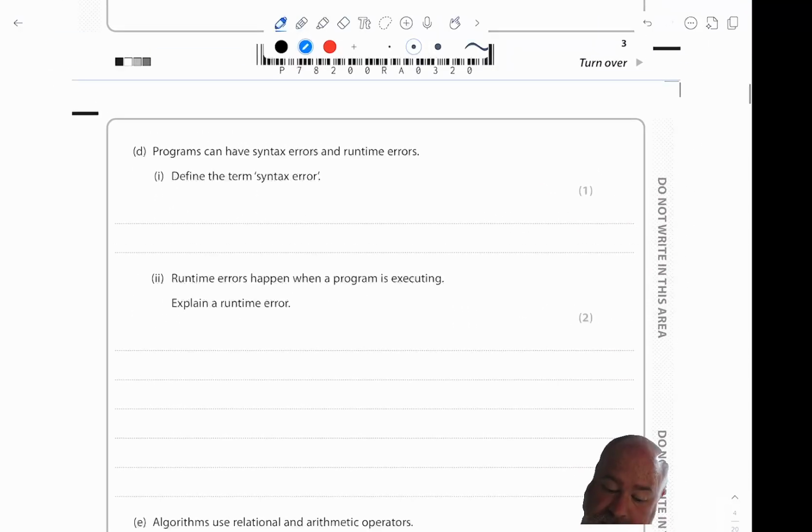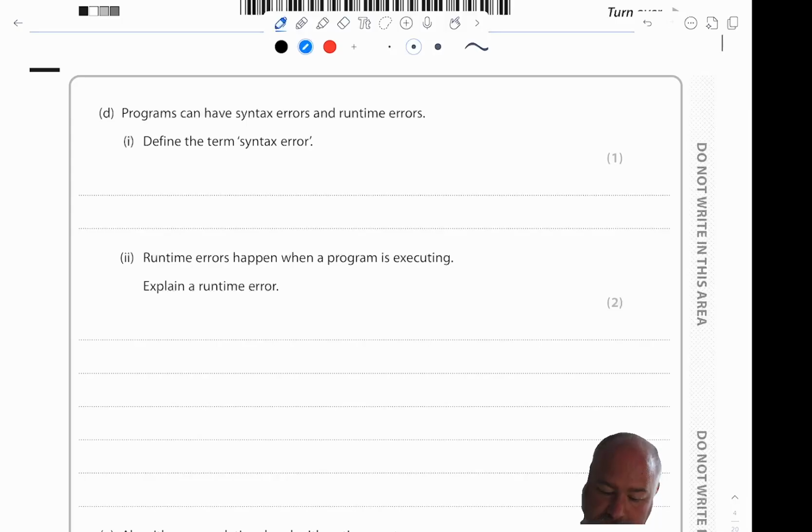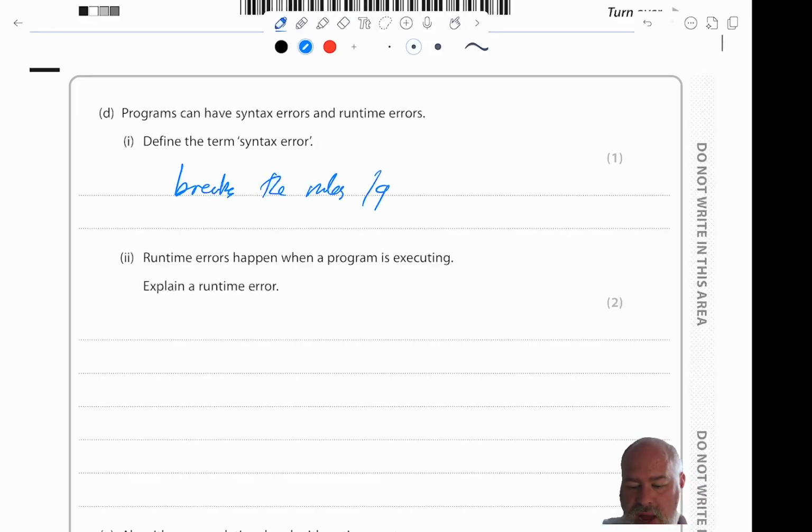Programs can have syntax errors and runtime errors. Define the term syntax error. So the best analogy to remember this, it breaks the rules, the grammar, if you like, of the programming language.